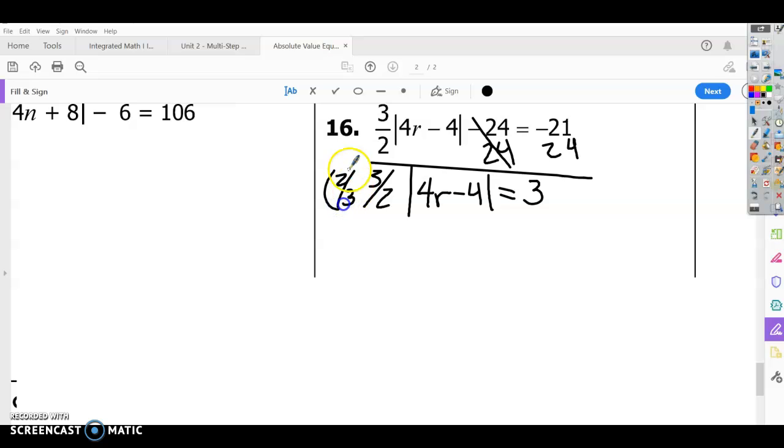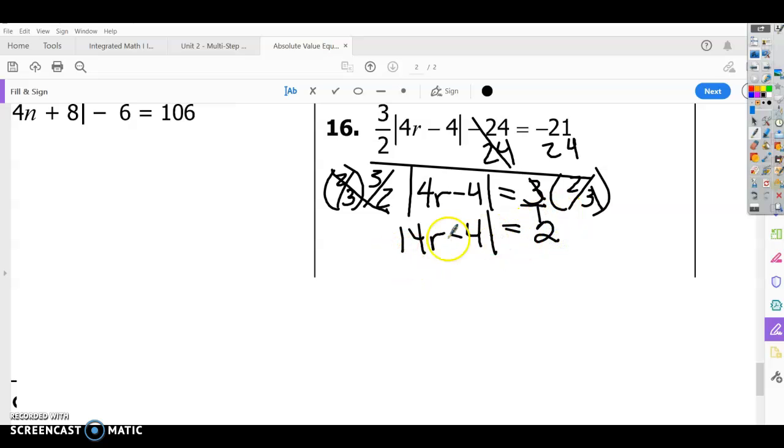But if I multiply by the reciprocal, and again, it's an equation, so I have to do the same thing on both sides, I get 2 times 3, which is 6, over 3 times 2, which is 6. 6 over 6 is 1. So that gets rid of everything. That would just be a 1 coefficient, which would be just this. Equals, and then a fraction times a fraction makes a lot more sense because we do 3 times 2 over 3, or you could reduce it first. But either way, you're going to have 6 over 3. 6 over 3 is 2.